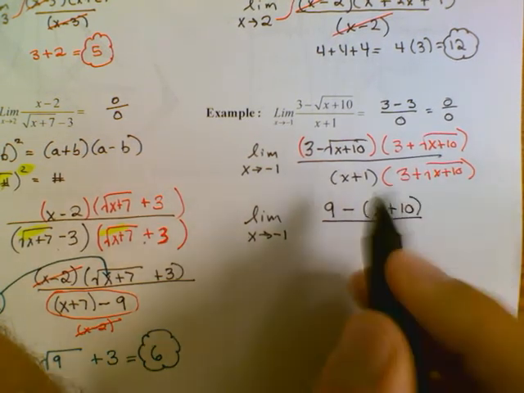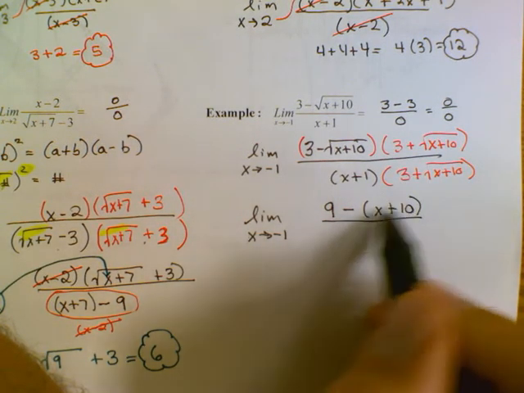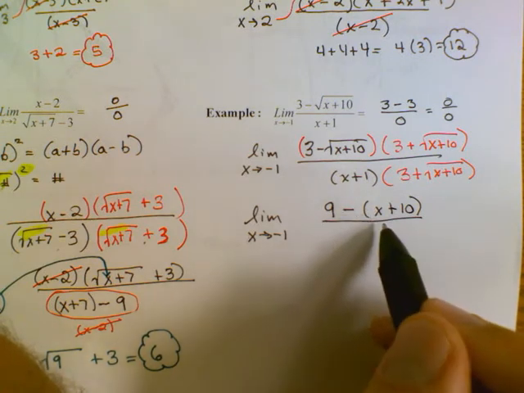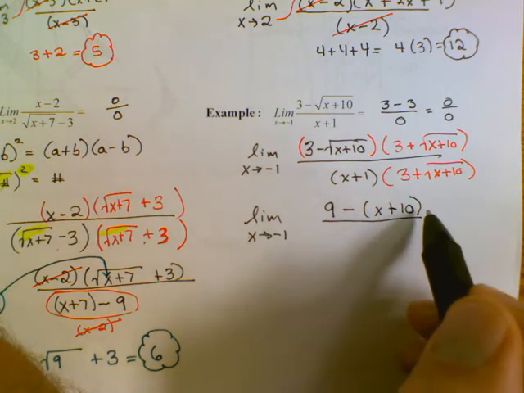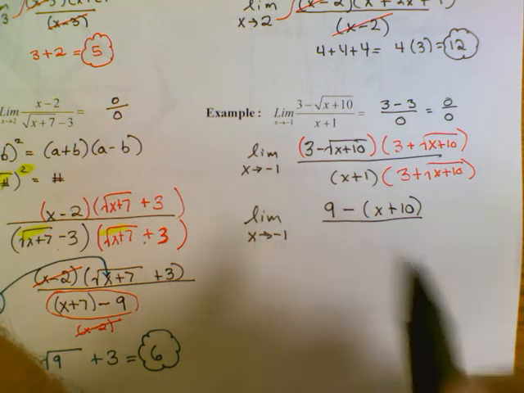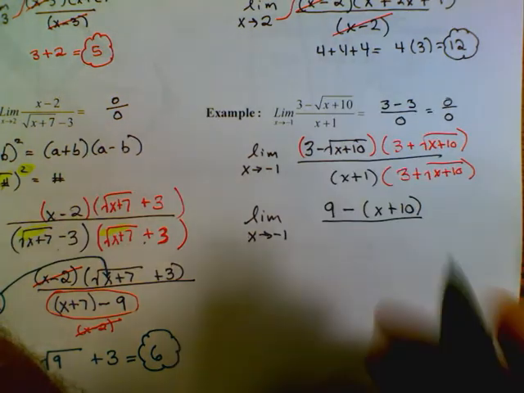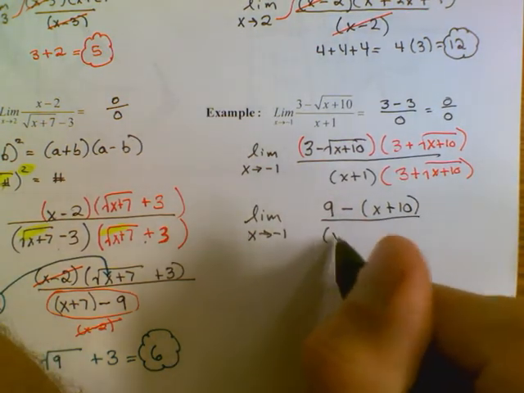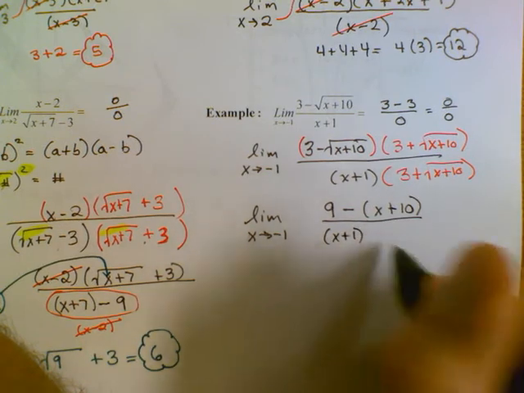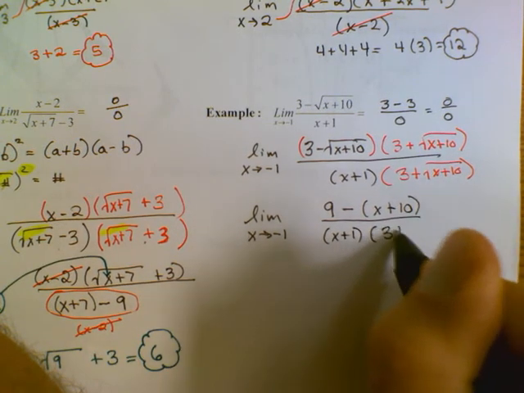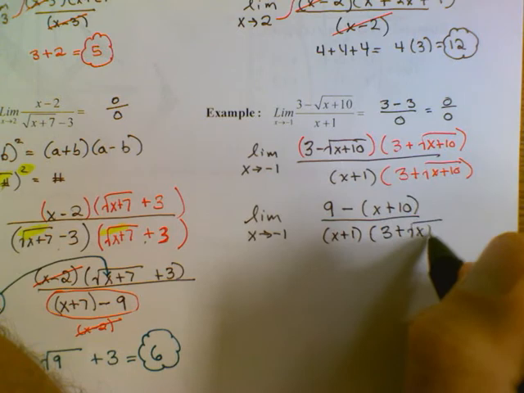That's important to have this parentheses here. You don't want it to be 9 minus x plus 10, but it's 9 minus the quantity x plus 10. So anyway, on the bottom we have x plus 1 and 3 plus the square root of x plus 10.